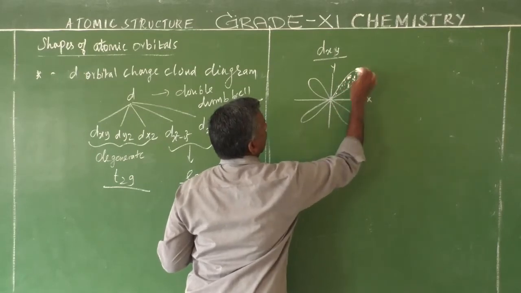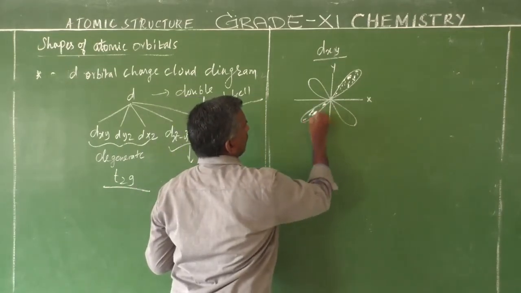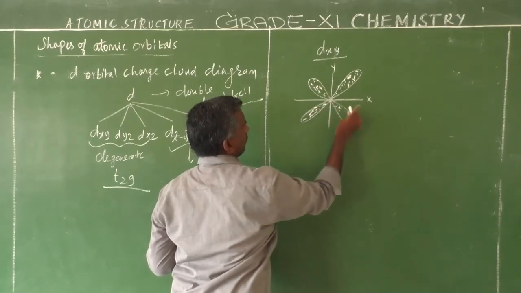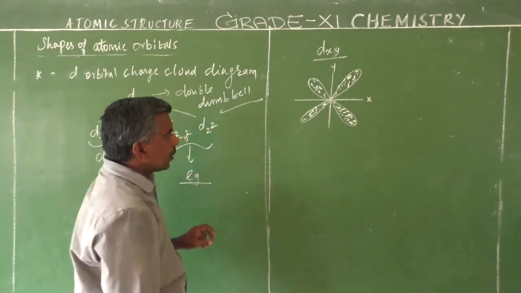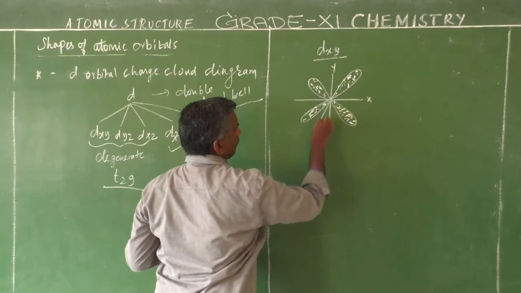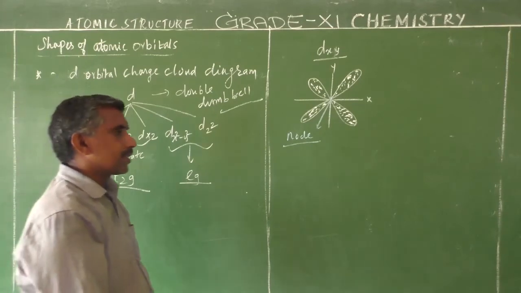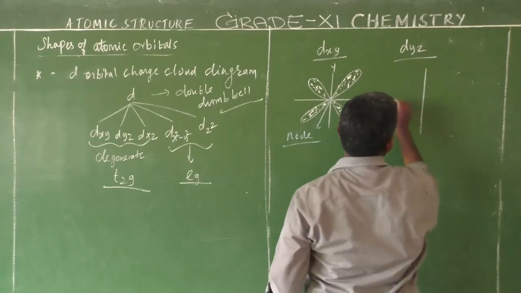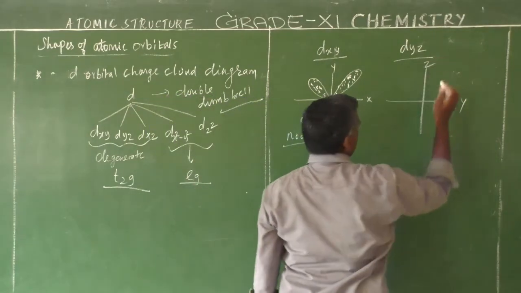Here there is no boundary. The electron cloud is present. So this area is known as node. Now dyz. Next orbital dyz. You consider this axis as y. This is z.